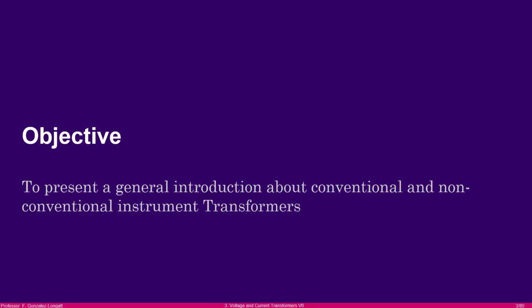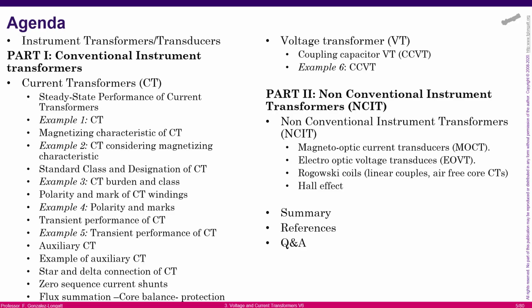Okay, what is the objective today? Well, today I will go across several topics, but the idea is to present a general introduction about conventional and non-conventional instrument transformers. The agenda today is a bit complicated.